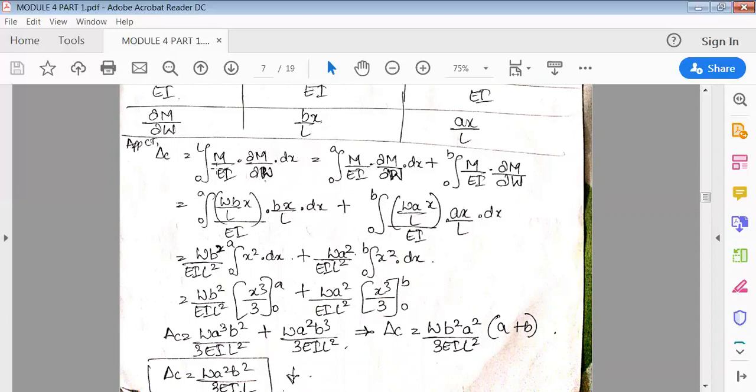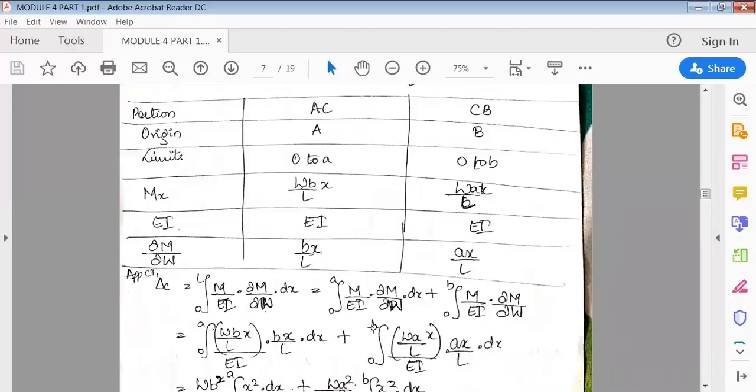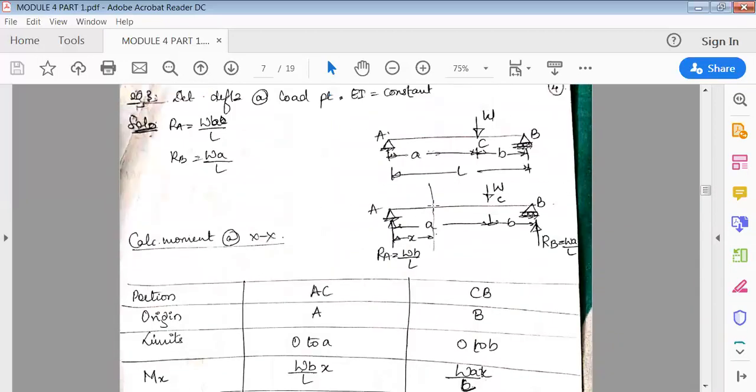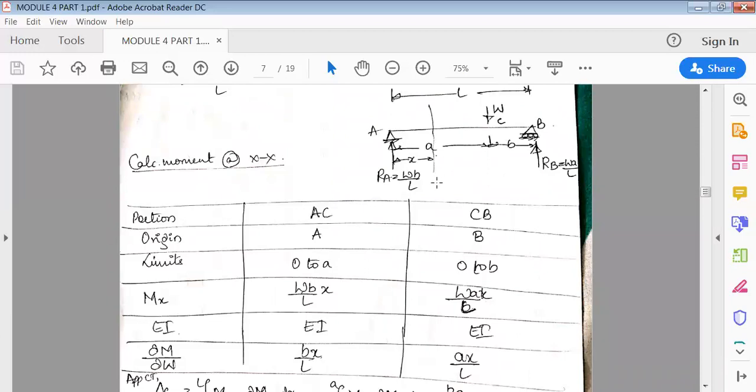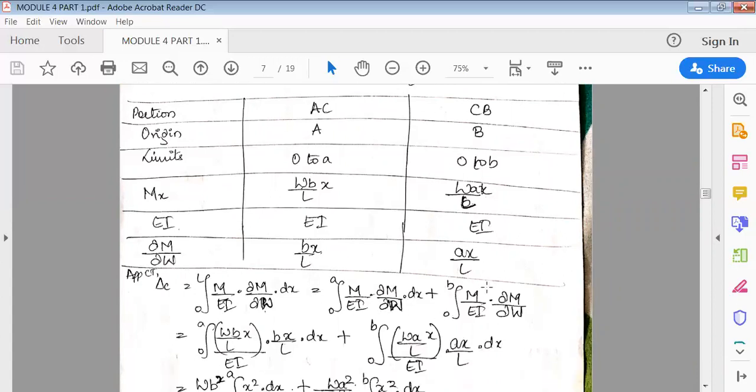Because there are two different spans, I'll write this twice. First, 0 to L becomes 0 to a for the first span, then 0 to b for the next span.